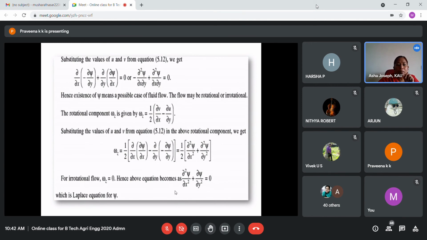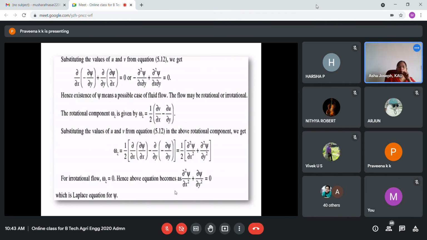That term is shown here, and from that you can conclude it is a Laplace equation of psi. If this Laplace equation of psi exists, it is a possible case of fluid flow, and it can be rotational or irrotational. Irrotational flow means Wz is equal to 0. So those are the conclusions or properties from this.